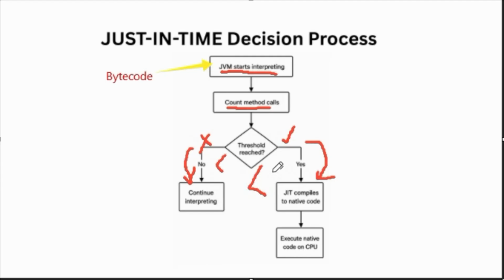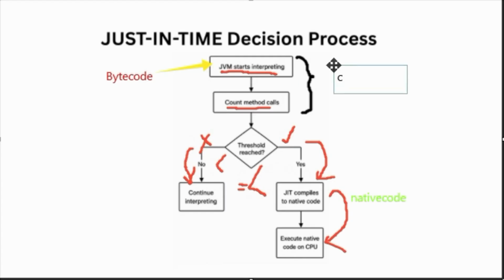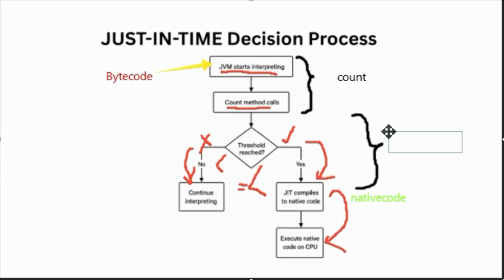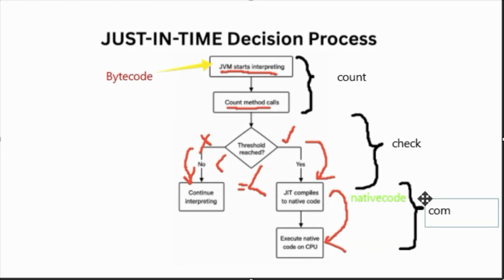Next time that method runs, native code, fast. Count. Check. Compile. That's the loop.